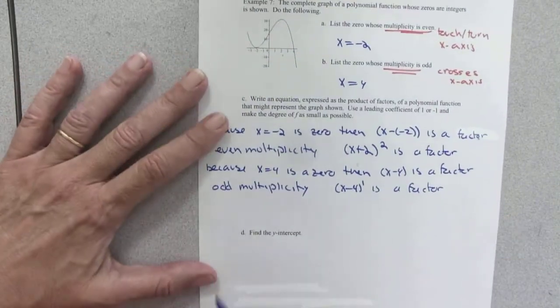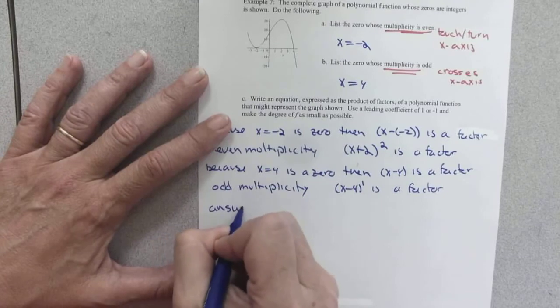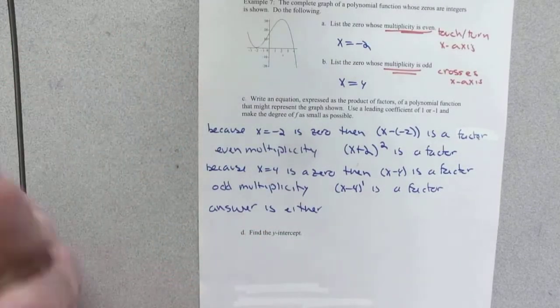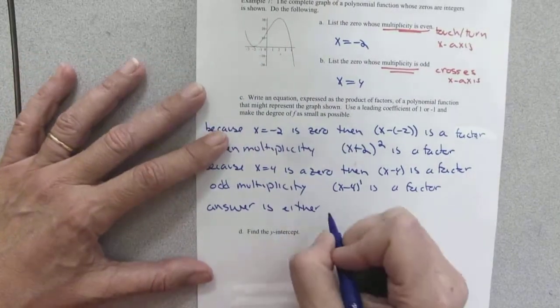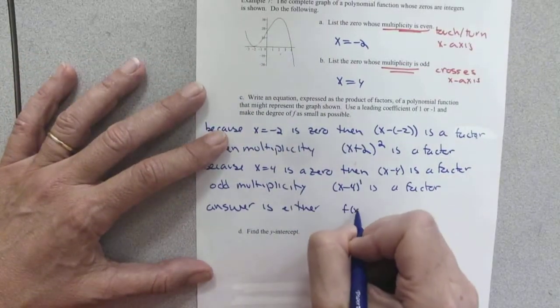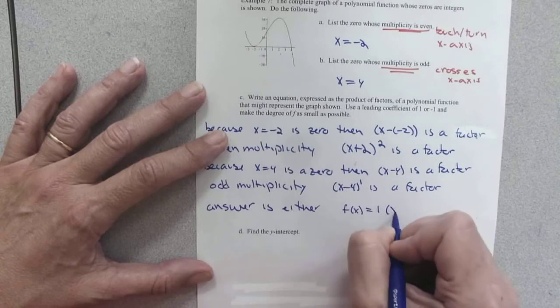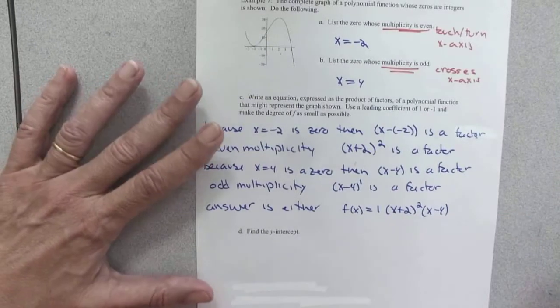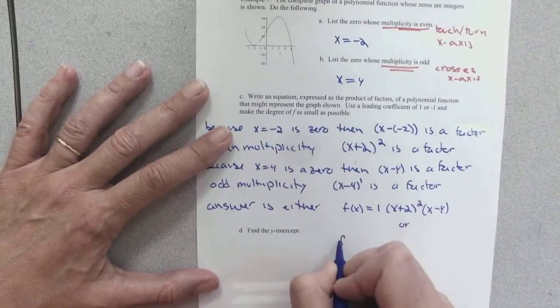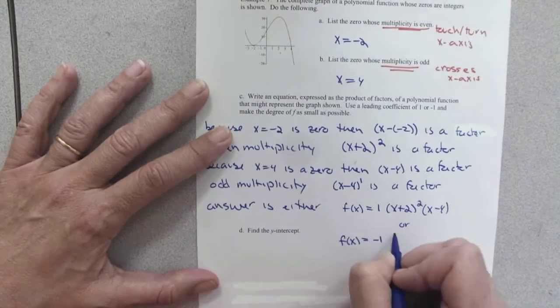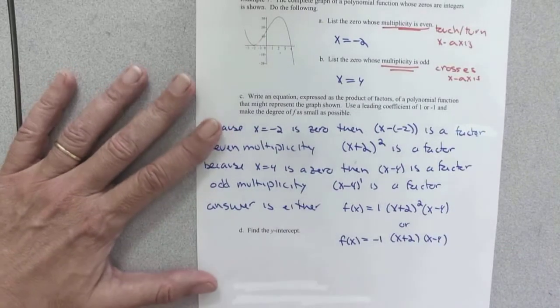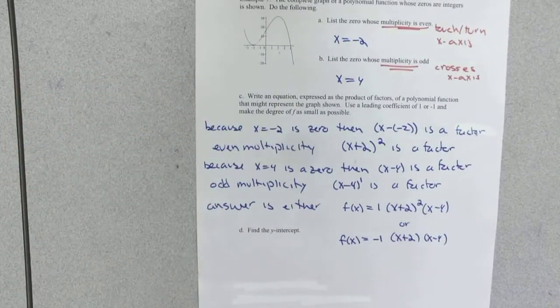So the answer is either, now that's strange, but we'll talk about that in a minute, f of x equals 1 times x plus 2 squared, x minus 4, or f of x equals -1 times x plus 2 squared, x minus 4. It is one of those two, and we have to figure out which one.